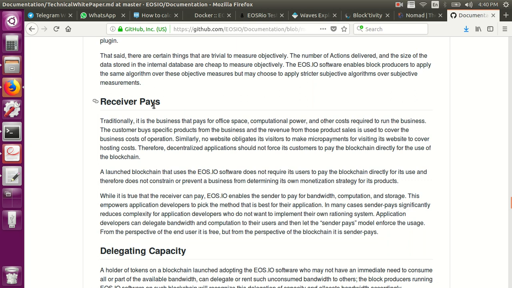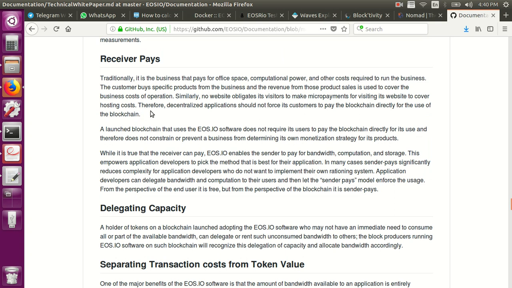The smart contract can pay for it, the sender can pay for it, the receiver can pay for it. It's all open and anything can happen. I suspect most people are going to use the receiver pays or the DApp pays method, just because most of us developing on EOS are, I would say, user experience advocates, and we think that's the way of doing things in the future. But you never know.